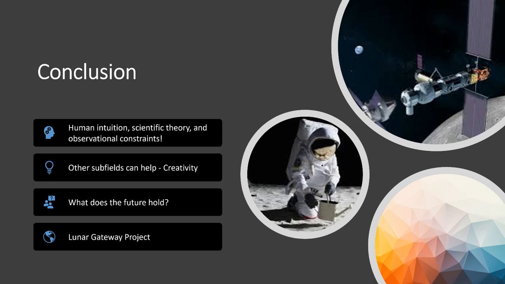And then also food sources, because it costs a lot of money to send food to them. So how can they sustain with food? They're going to have to use plant-based food.